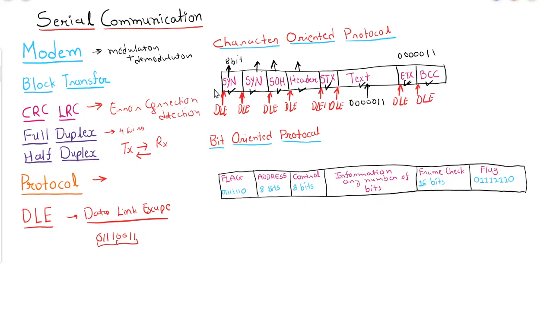So at the sender side the transmitter will send like this, and at the receiver side, after receiving all the data, the receiver will remove all the DLE from the frame and then use the information.